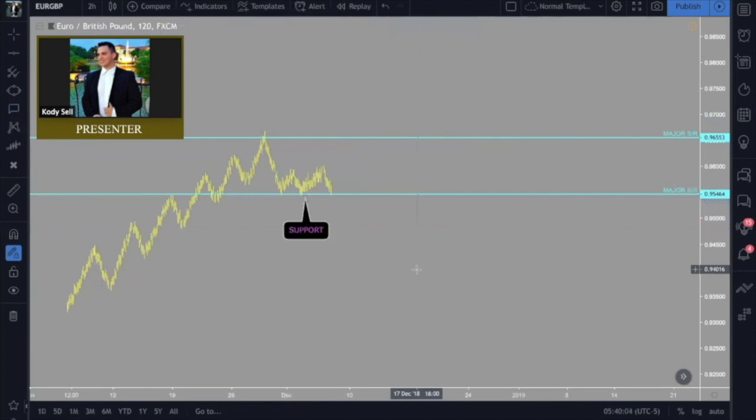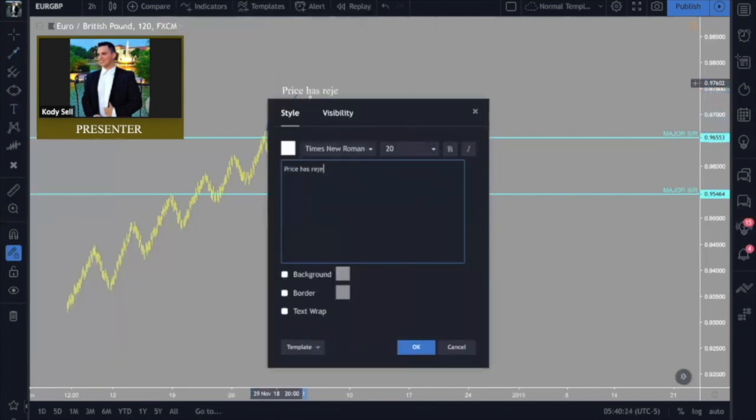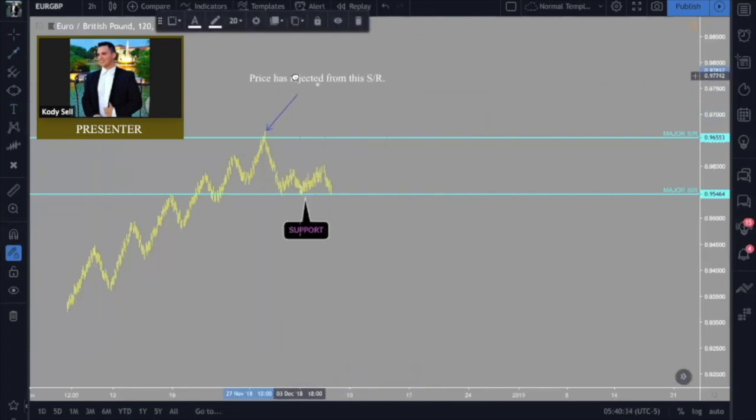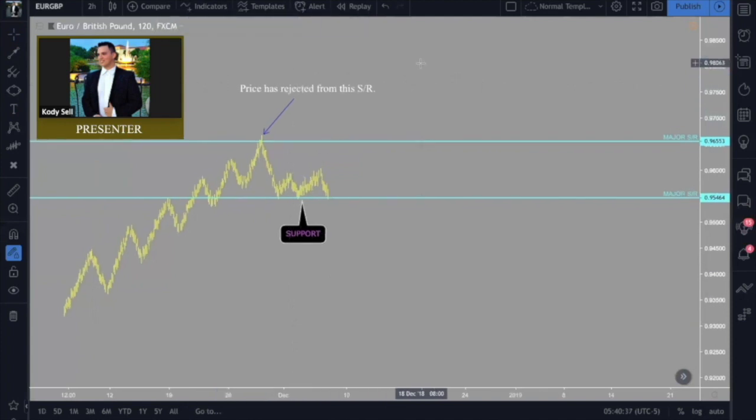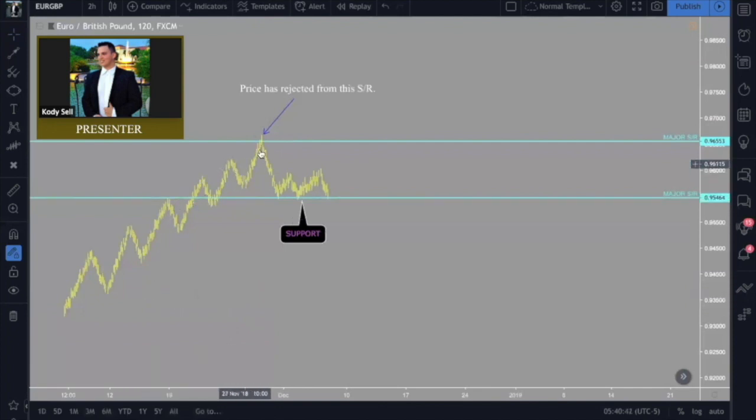All right. So the first thing we've noted is that price has rejected from this support and resistance level. So that's the first sign that we've got a support and resistance level. Price was rising, and then we saw a peak in the market.